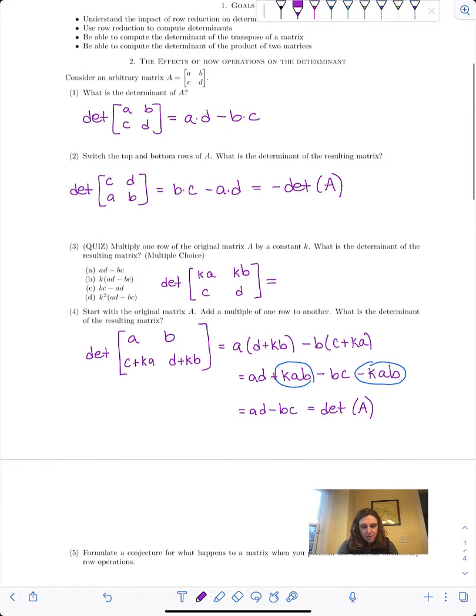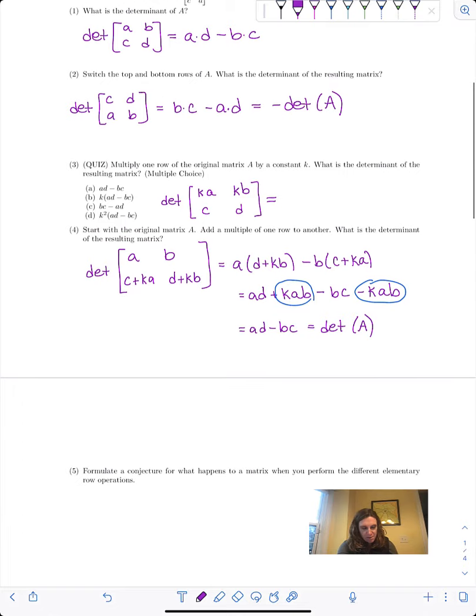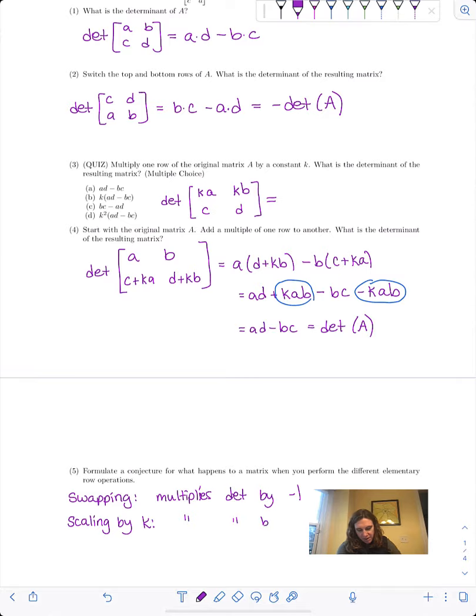Okay, so now we've seen several different row operations. The row swapping we saw multiplies the determinant by -1, and that's going to be true in general. The scaling by K on one row multiplies the determinant by K. So if you scaled both of those rows by K, you'd end up multiplying by K squared.